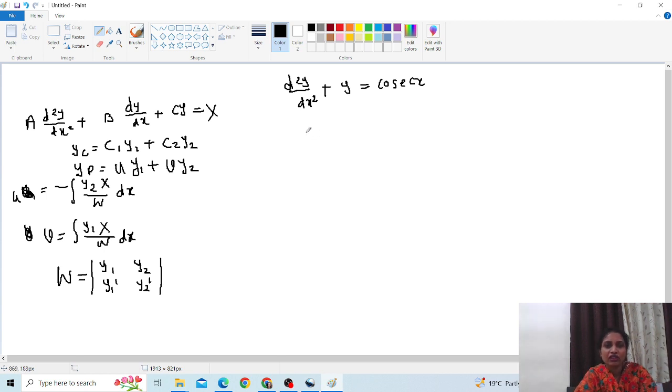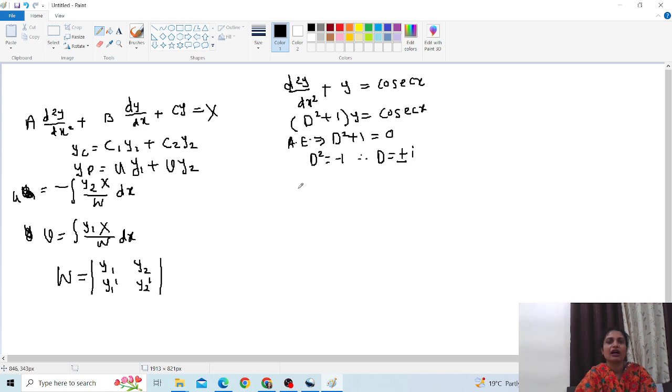So as usual, we know that first step is to convert it in terms of d. So this is d square plus 1 y is equals to cosec x. What will be auxiliary equation of this? So auxiliary equation is d square plus 1 is equals to 0. So roots are d square is equals to minus 1. Therefore, d is equals to plus or minus iota or i.